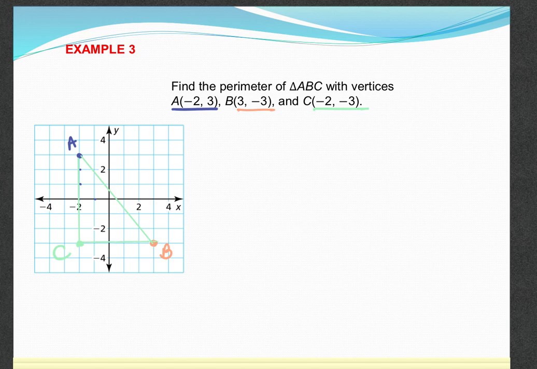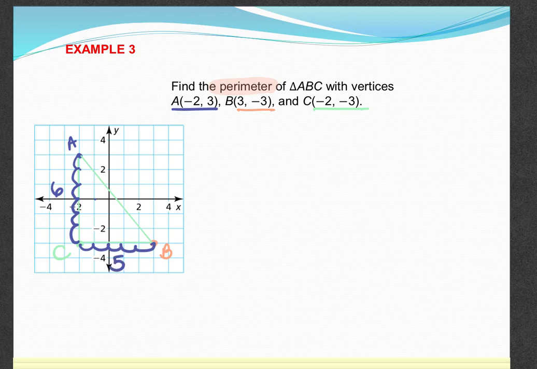So in order to find the perimeter, I need to know all 3 side lengths. For the vertical and horizontal sides, I could just count them. So if I wanted to count the length of C to A, it's 1, 2, 3, 4, 5, 6. And C to B, 1, 2, 3, 4, 5.